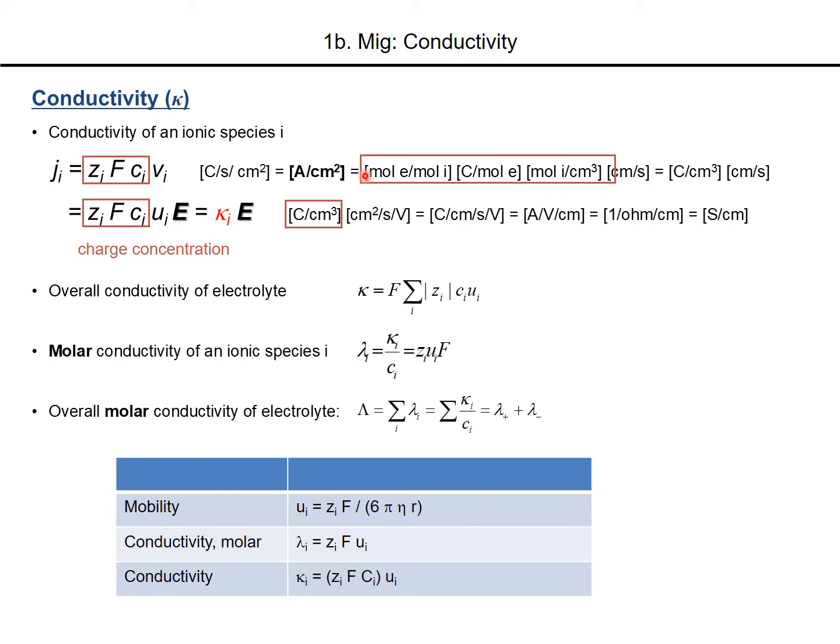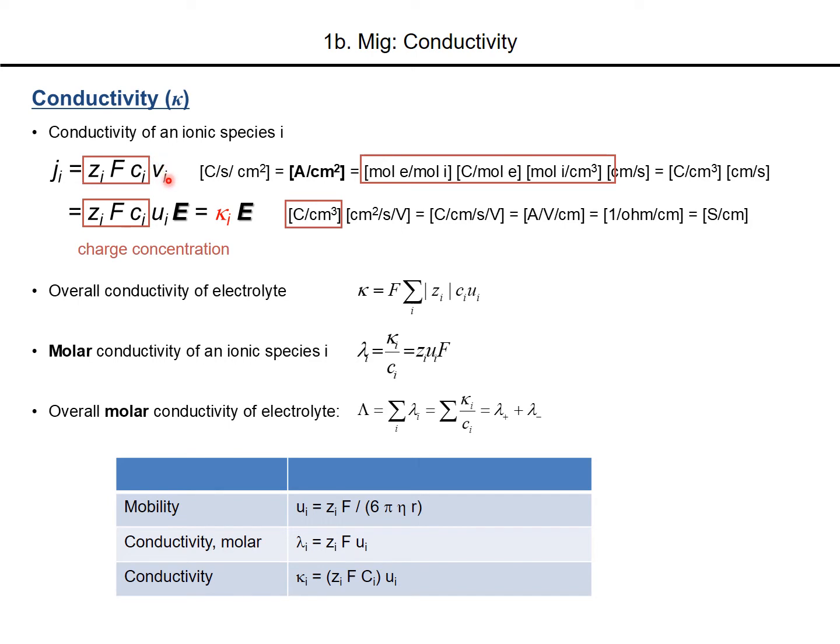So the first three terms go to Coulomb per cubic centimeter. It means z F c is the charge concentration or charge density. With centimeter per second, the product of those two units is going to be Coulomb per second per centimeter squared. So it is right. Again, current density is the product of charge concentration with velocity.